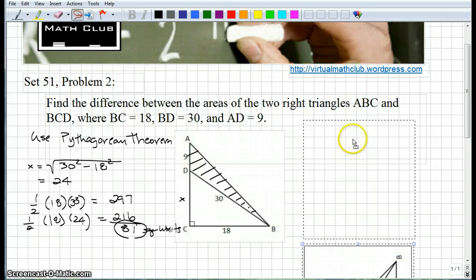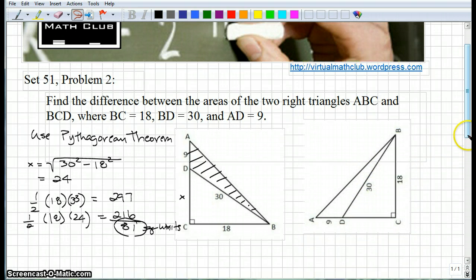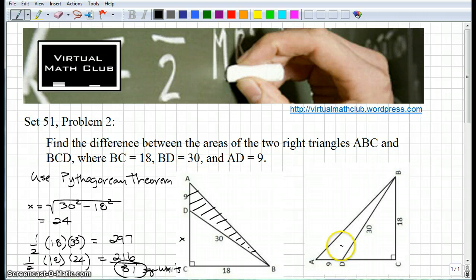This is the same picture, only rotated 90 degrees. Then you can see that if you take 9 as the base and the height as 18, this is the area that we're trying to figure out, and it's essentially an obtuse triangle with a base of 9 and a height of 18.